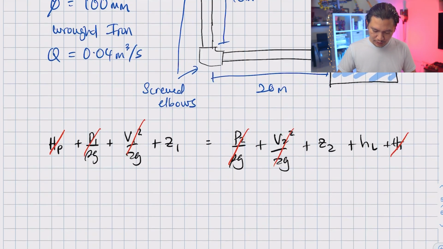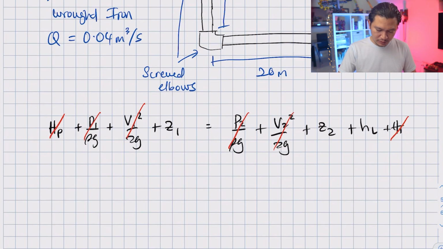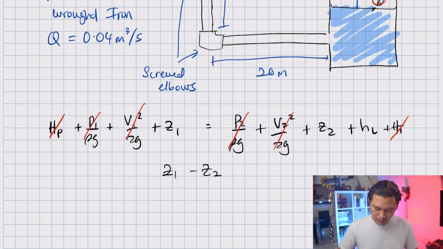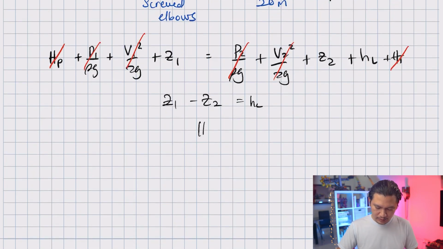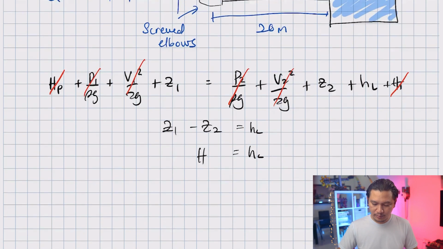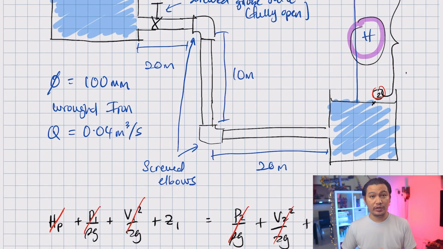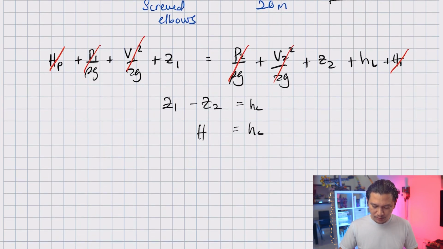And you are left with Z1 minus Z2 equal to HL. And Z1 minus Z2 is actually H. So H is actually HL. And remember that we are looking for the value of H.